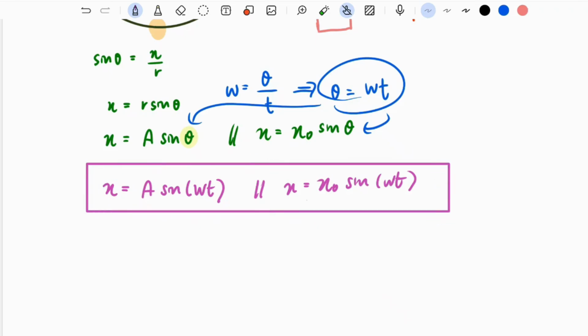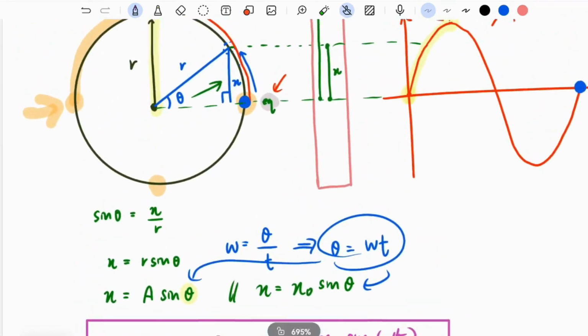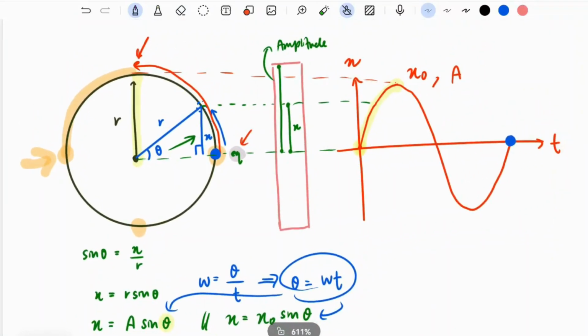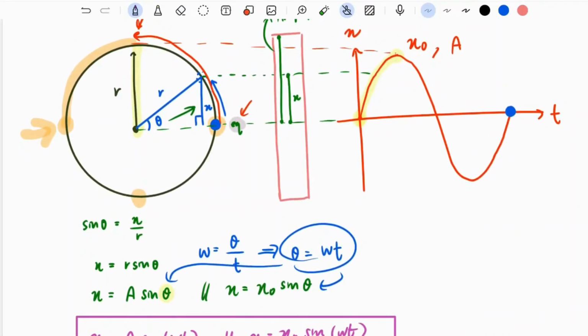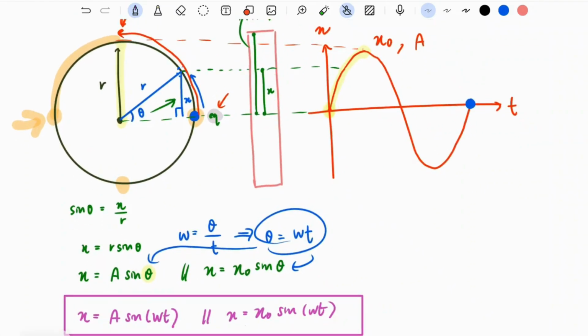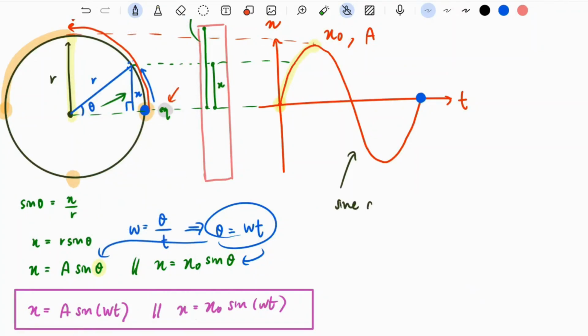You must know this. They have never really asked you to derive it in exam, but of course it's good to know a way how to derive it. At least you understand where the x function comes from. And another thing to notice is, the graph I drew here is actually a sine graph, right?